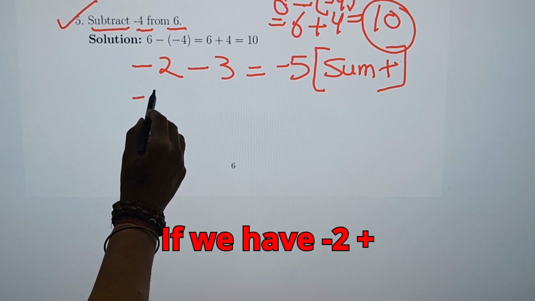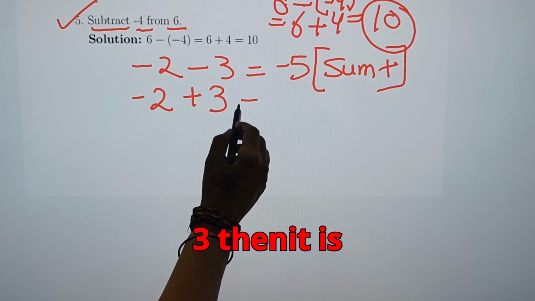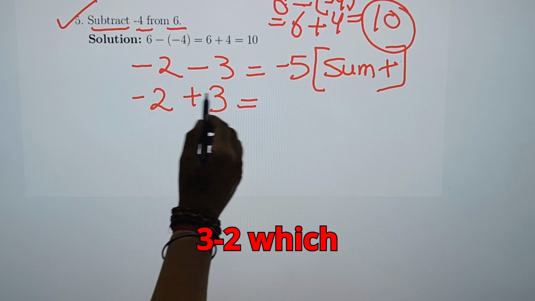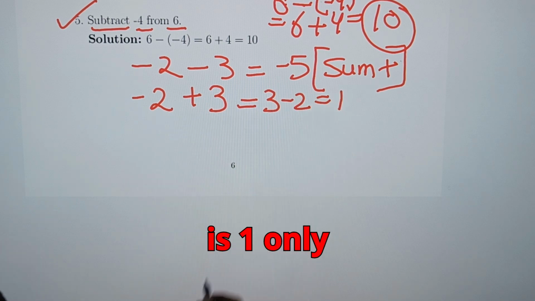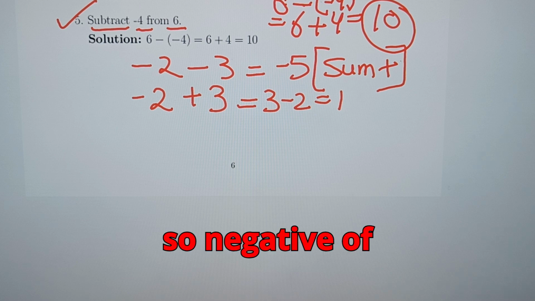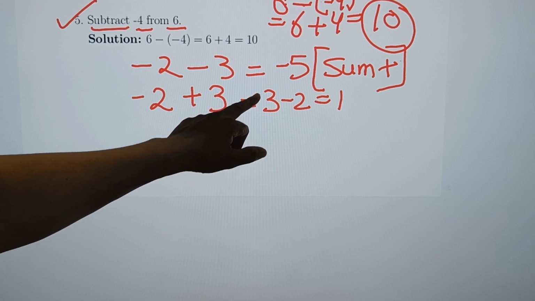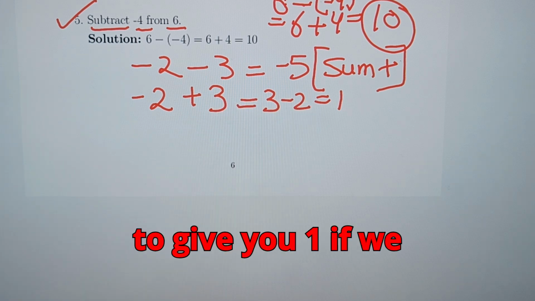If we have minus 2 plus 3, then it is going to give you 3 minus 2, which is 1 only. So negative of 2 plus 3 is equal to 3 minus 2. It is going to give you 1.